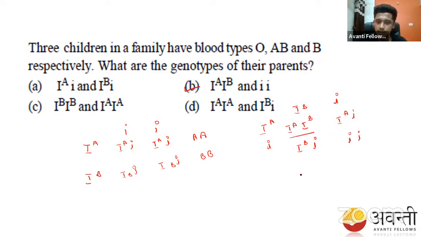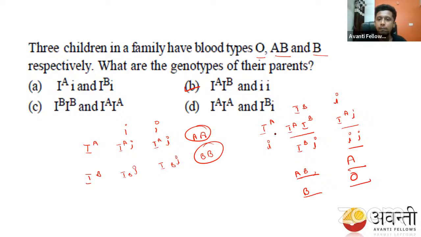So we have the possible blood groups as AB, A, B, and O. See, they asked about A, B, and O, isn't it? So for the people who took option B, we have only A and B blood groups. Here we have got A, B as well as O. They mentioned three offspring, so we don't worry about the offspring which is not yet born. Okay. So we have this option.